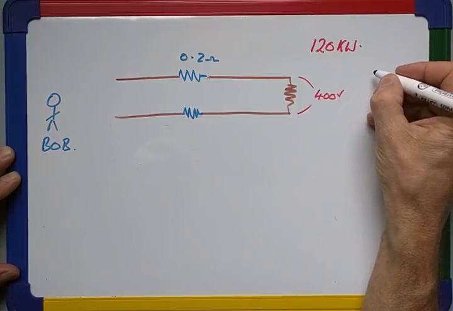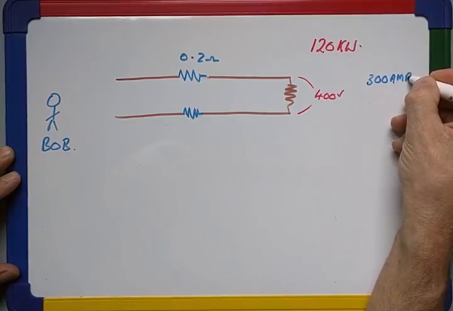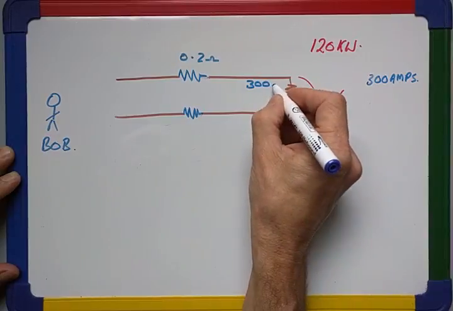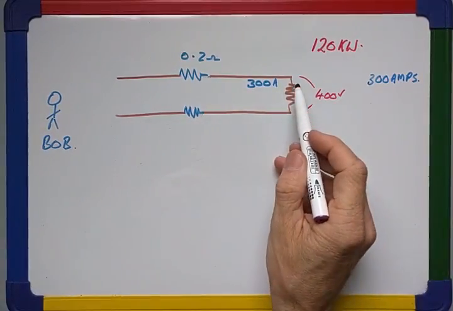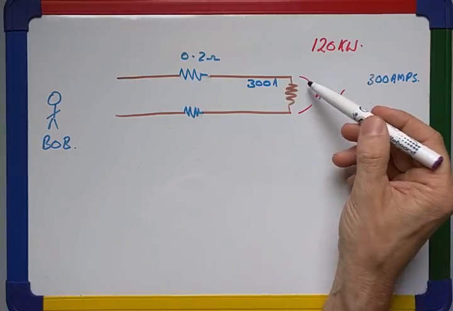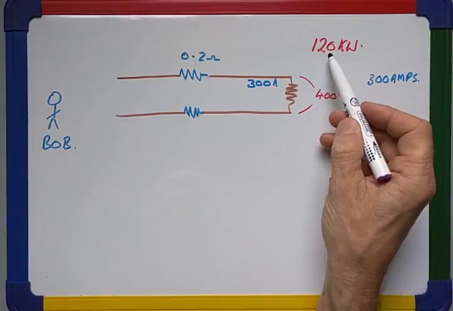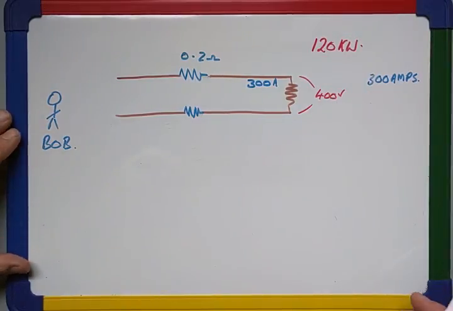So the current there is going to be 300 amps. So this current here flowing in this cable, 300 amps. So a current of 300 amps across a 400 volt supply here is giving us our 120 kilowatts of power.